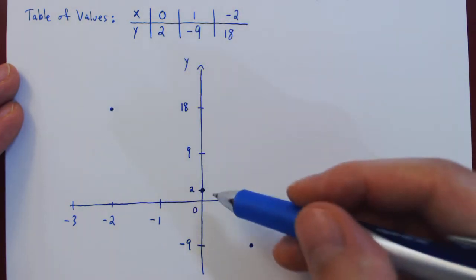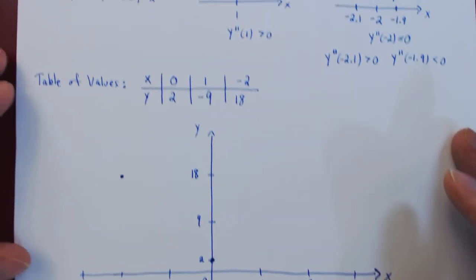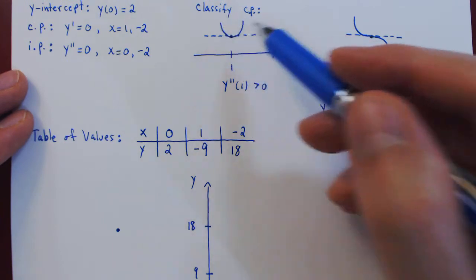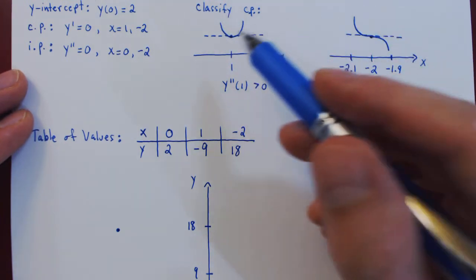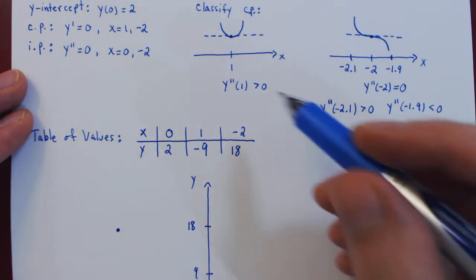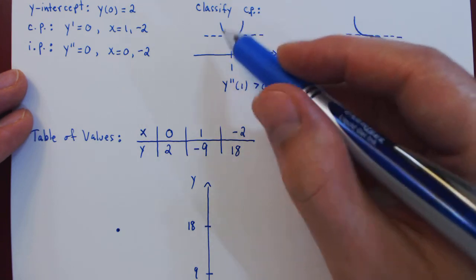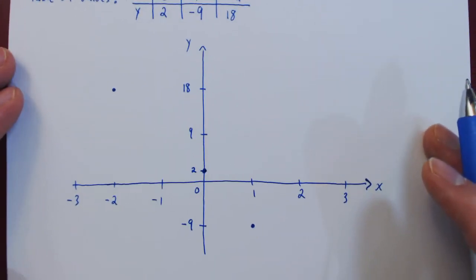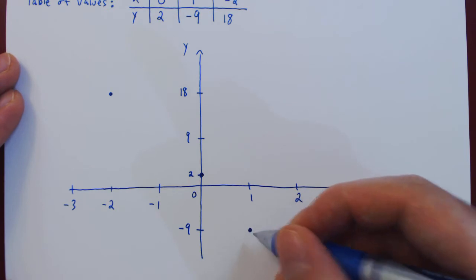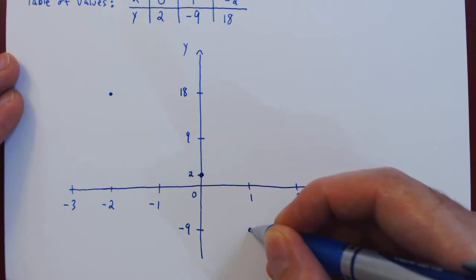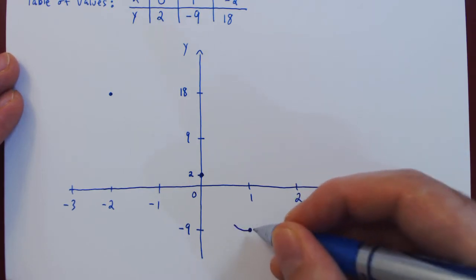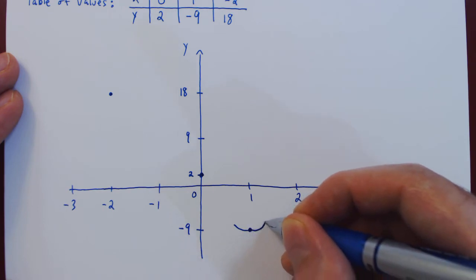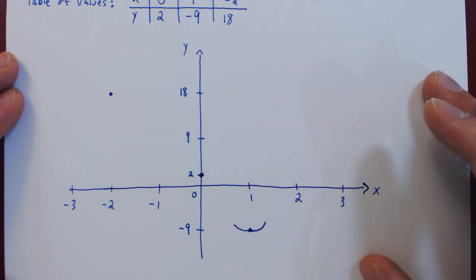So we have those 3 key points. And let's now include the classification of our 2 critical points in the graph of the function. At 1, we have a local minimum. So at 1, the function will have to look like this. Flat there and concave up.